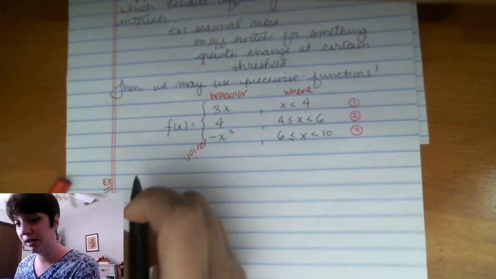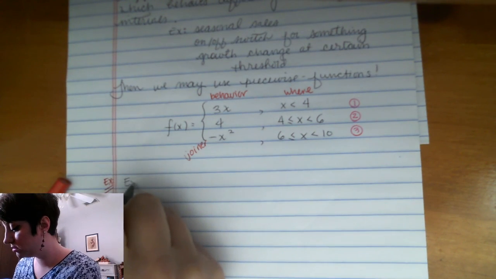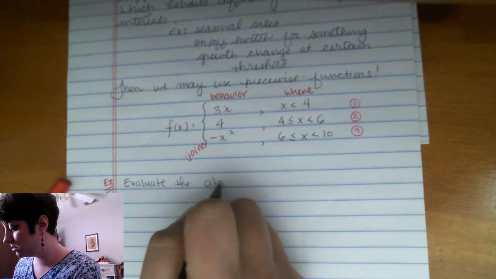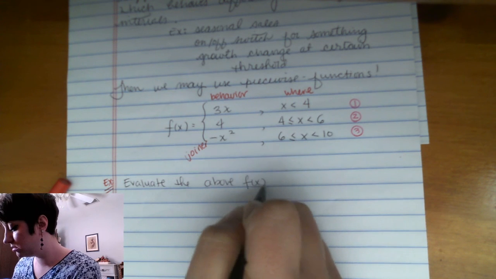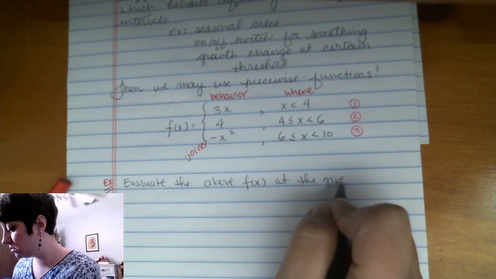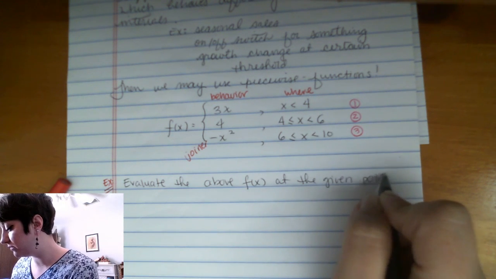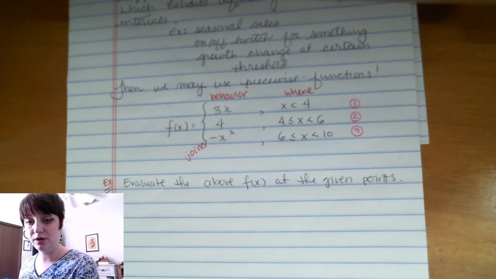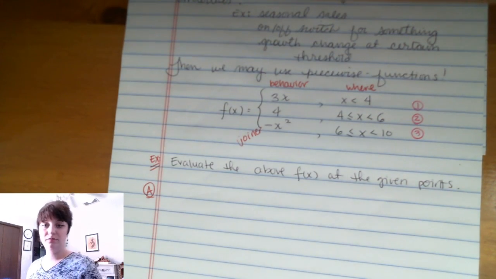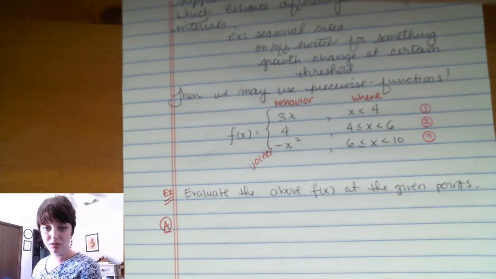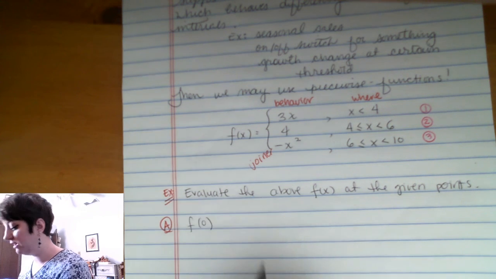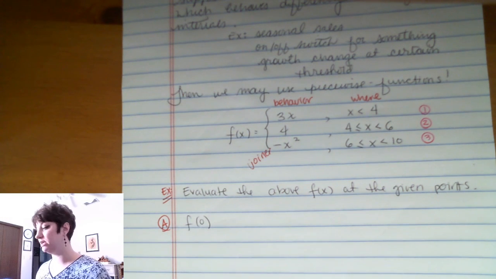So evaluate at the given points. So for A, let's do, I don't know, F at 0. So F at 0.